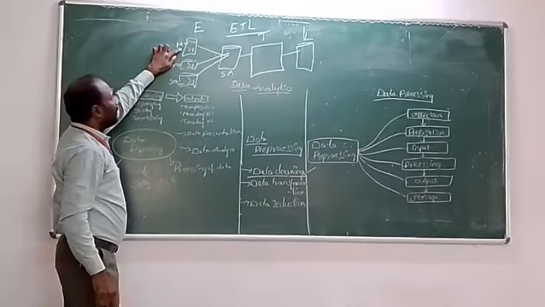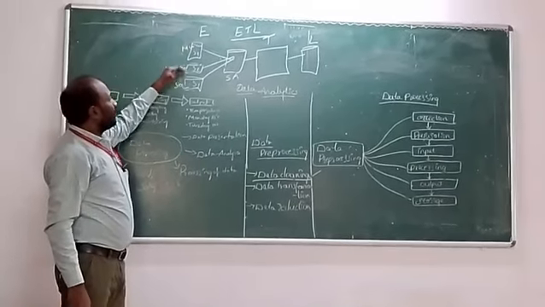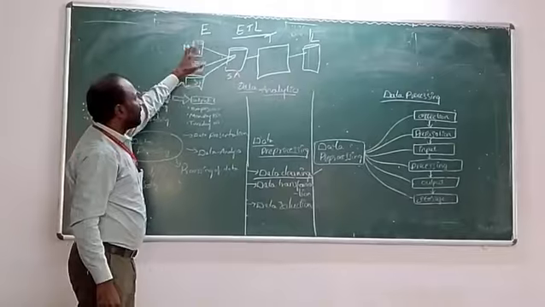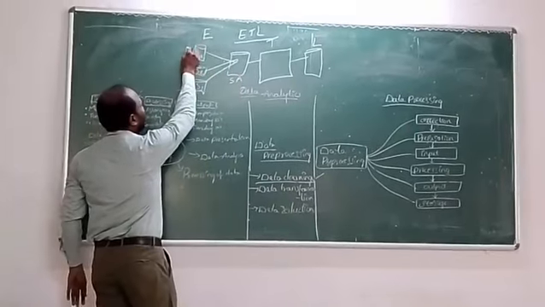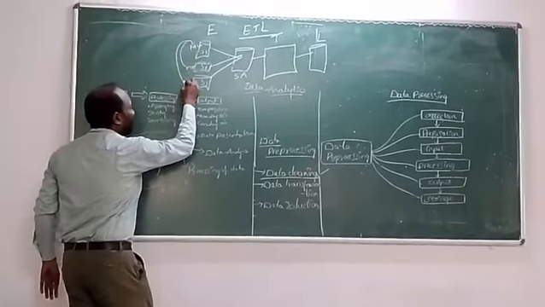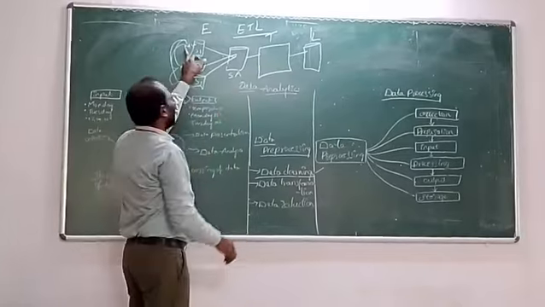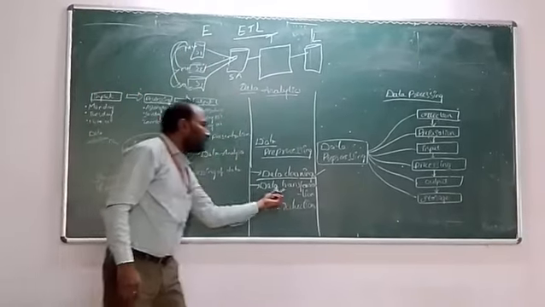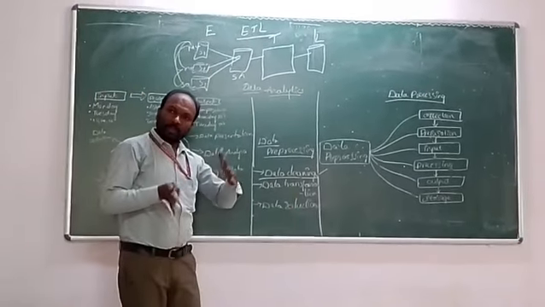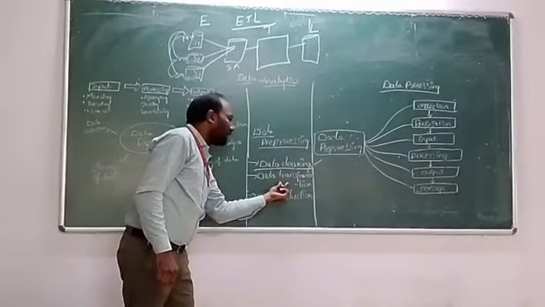Based upon their requirement, they can store it in their data mart. Whatever data is there, we can convert from MS Word to MS Excel, or MS Word to SQL, or SQL to MS Excel, MS Word. Finally, you can create one unique format. That transformation, from one format to another format, we call data transformation.